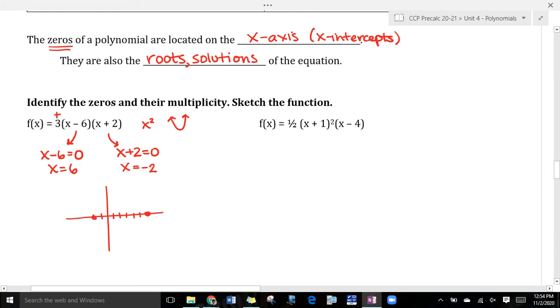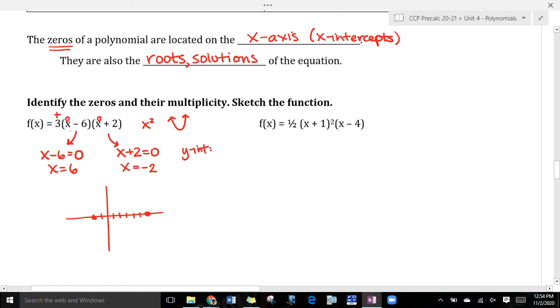What about the y-axis? Because that would be nice to know as we sketch these things. Like, is it a real shallow parabola? Does it go real low? For a y-intercept, we can always just put 0 in for x. So if you put 0 in for x, this basically turns into 3 times negative 6 times 2, because those x's have gone to 0.